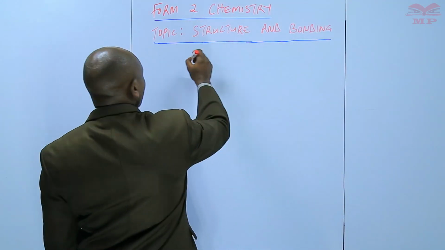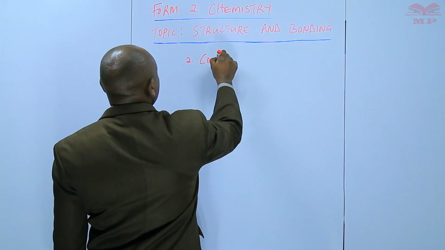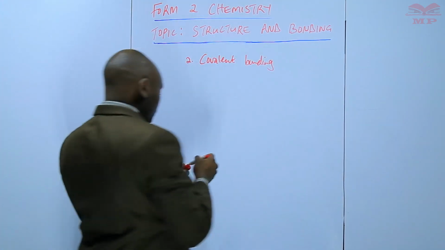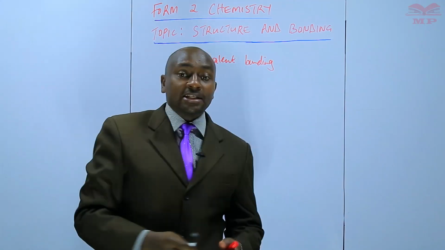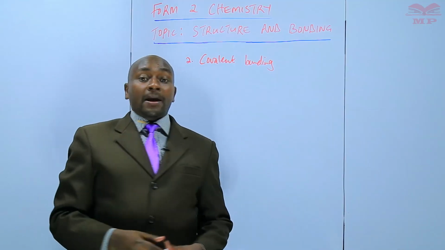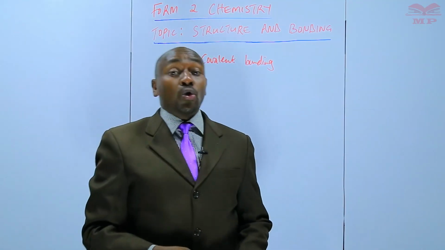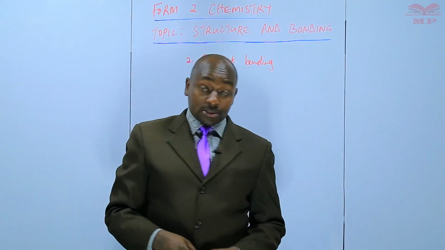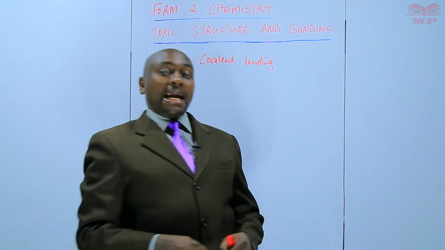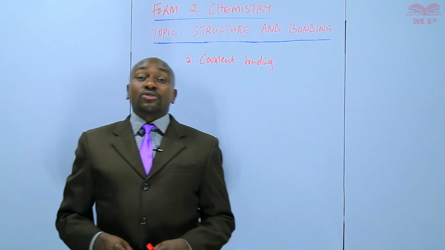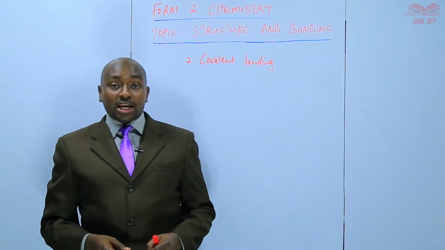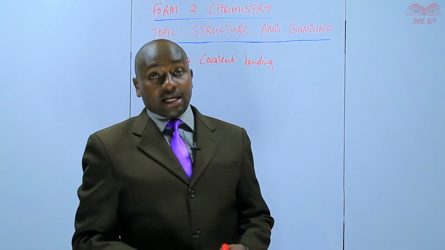So our number 2 is covalent bonding, and we can say that covalent bonding is the type of bonding that exists between two or more nonmetals through sharing of electrons, through sharing of outermost electrons.